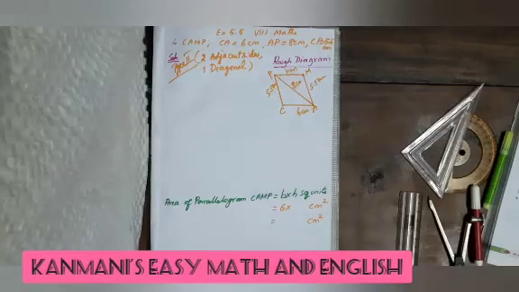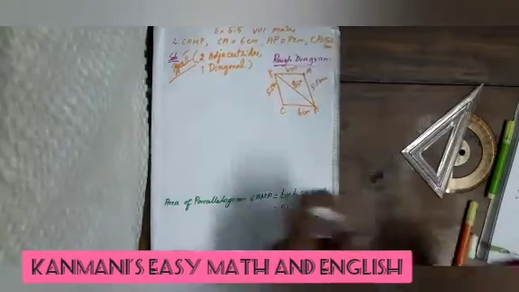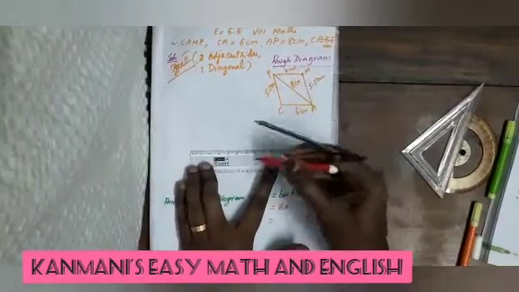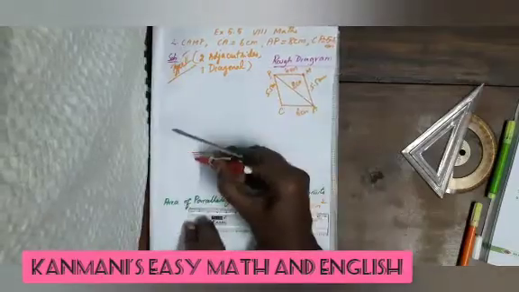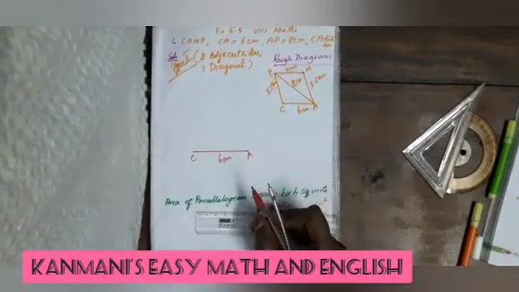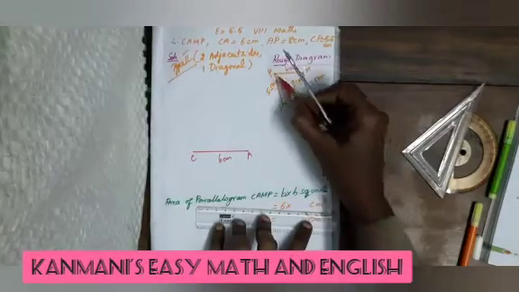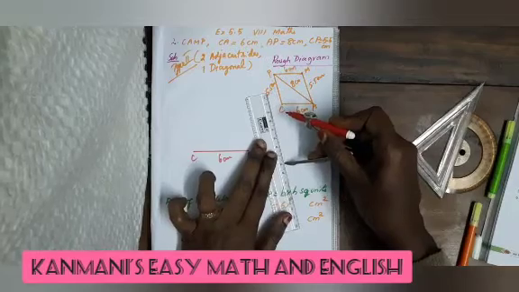Now let us move on to the pair diagram. Let us draw the base first. CA is equal to 6 centimeter. Next, diagonal has been given. Sorry, AP is 8. Let us take 8 centimeter in your compass.